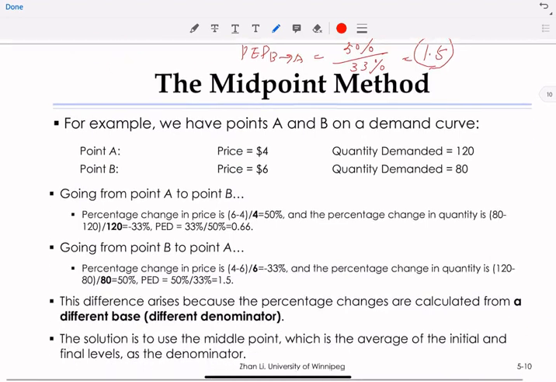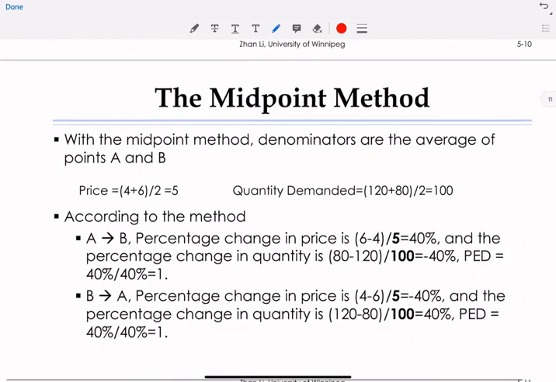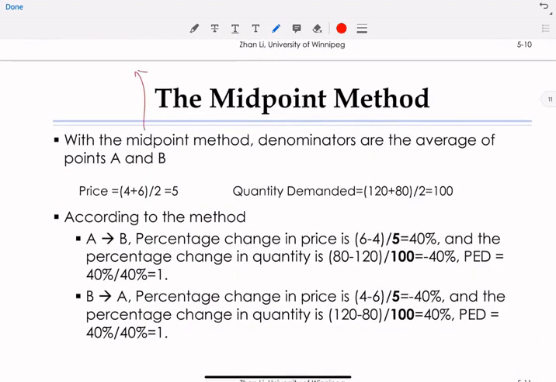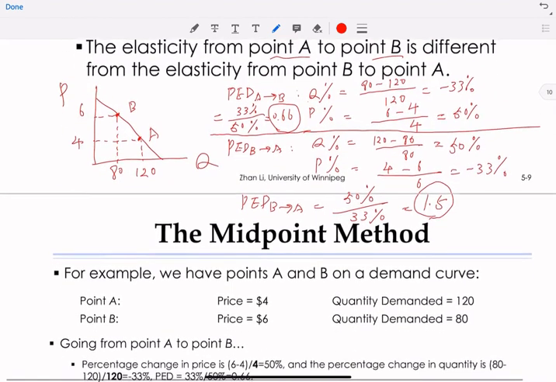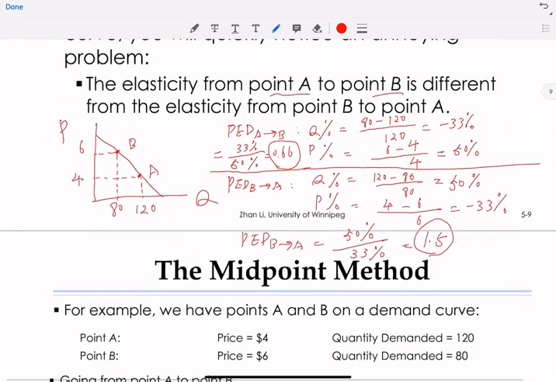Now, how do we solve this problem? How do we solve this? Well, we will use the middle point method. What is the middle point method? Well, if you look at the calculation here, we're looking at these parts.